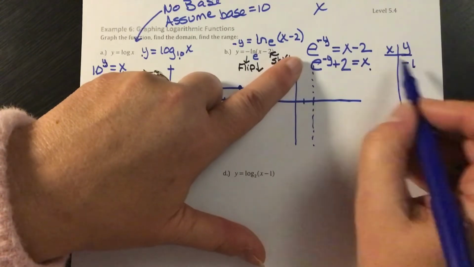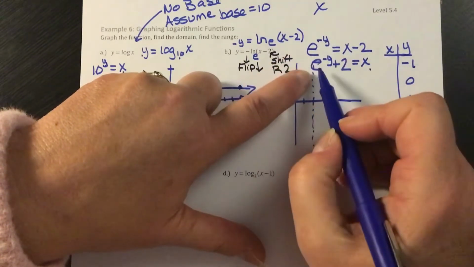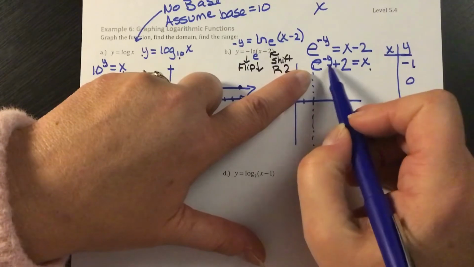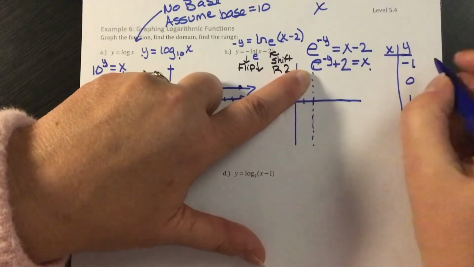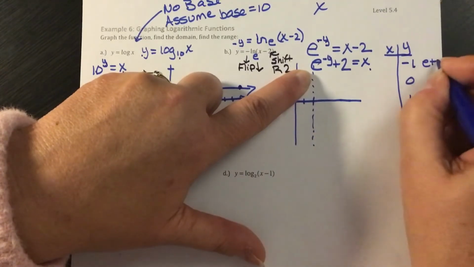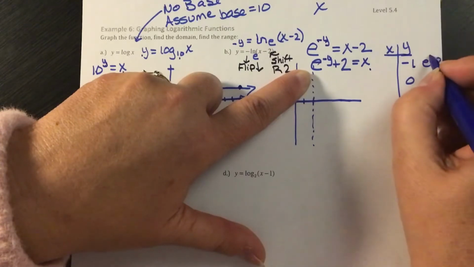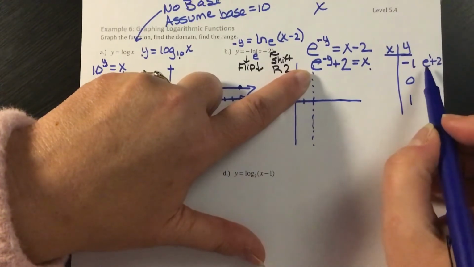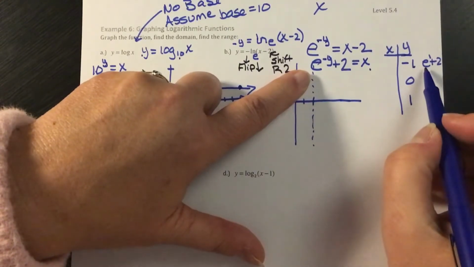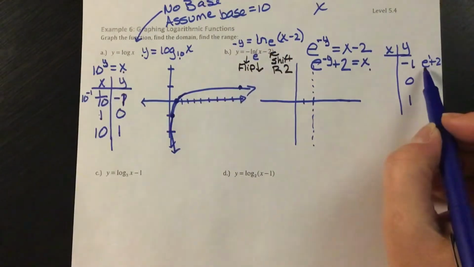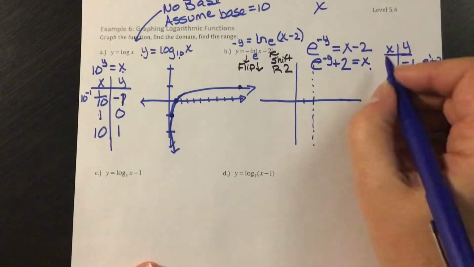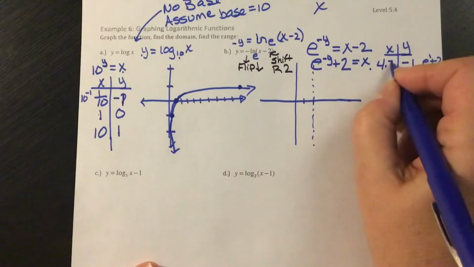So the -1 exponent, the opposite is 1, so I'm going to have e to the first power, and then I'm going to add 2 to that. All right, so remember, e is 2.72. So if I add 2 to that, that's going to be 4.72.